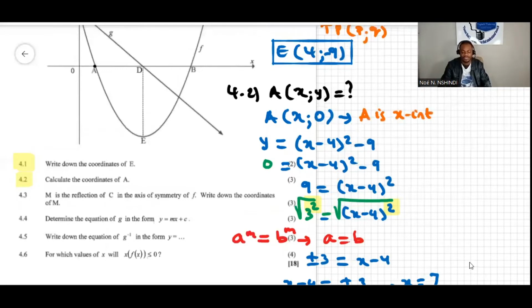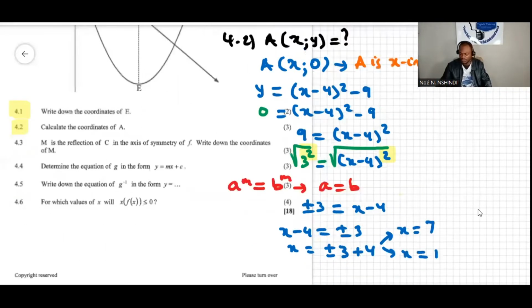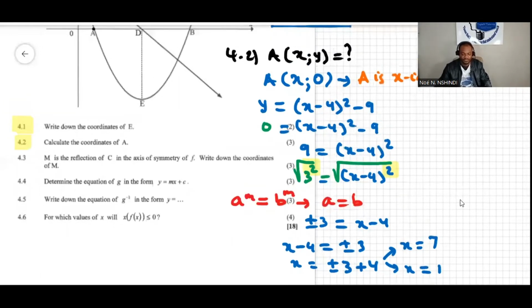A is 1. So the x coordinate of A is 1, because 7 is not applicable. Therefore, A is the point 1, 0.